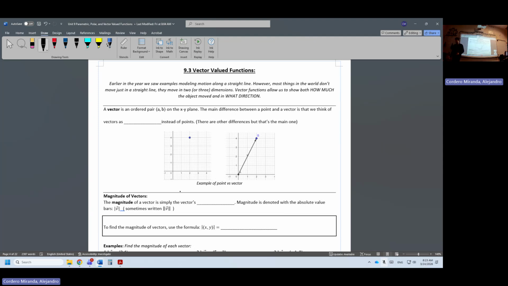If I do that exact thing I was just doing, and I keep doing it, you could break that down into, well, vertically you're just moving from here to here, and horizontally you're just moving from here to here. And if you put those together in the right way, then you get the motion. So that's what these vector valued functions are good for.